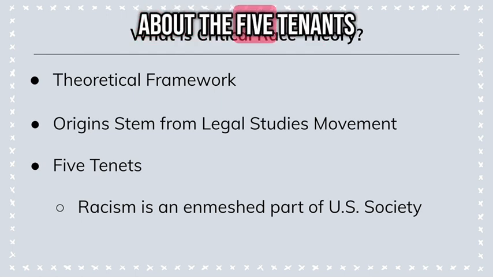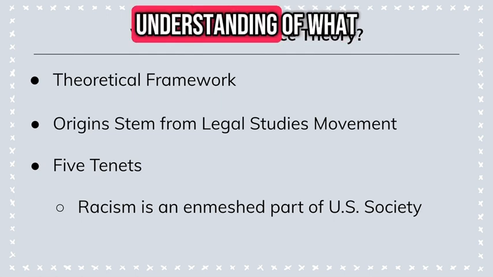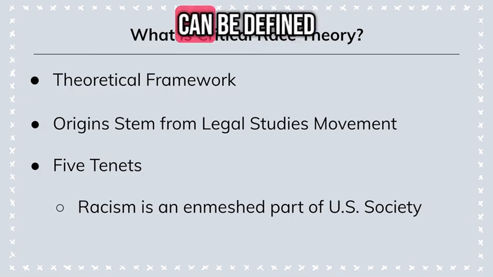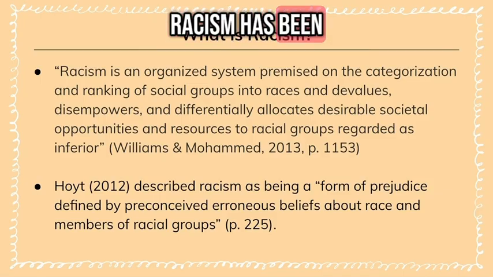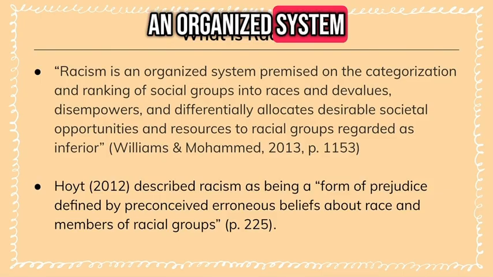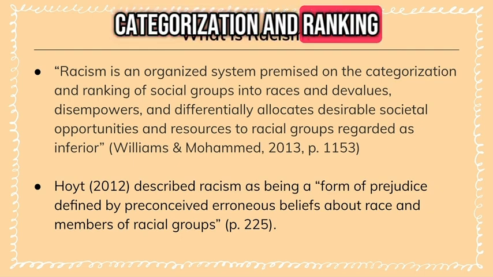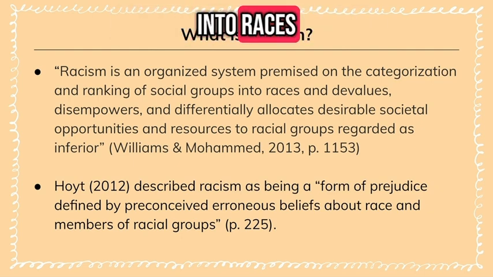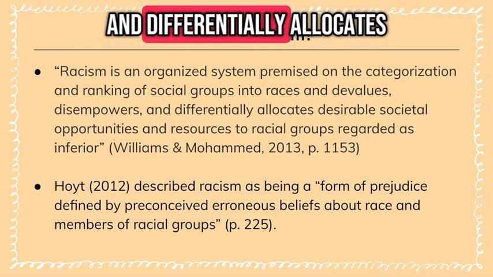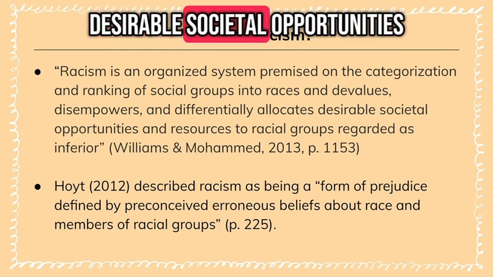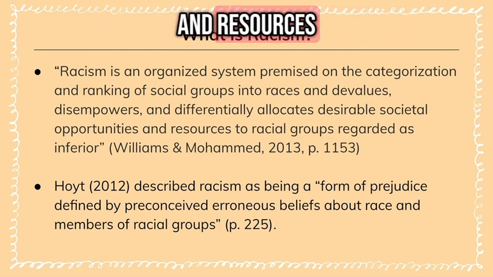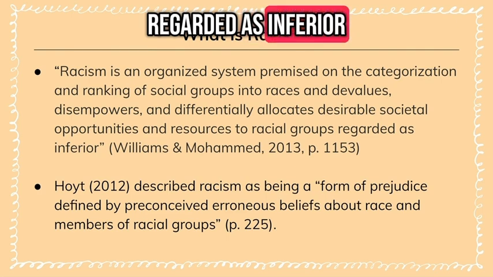Before we learn about the 5 tenets, let's gain an understanding of what racism is and how it can be defined. Racism has been defined as an organized system premised on the categorization and ranking of social groups into races, and devalues, disempowers, and differentially allocates desirable societal opportunities and resources to racial groups regarded as inferior.